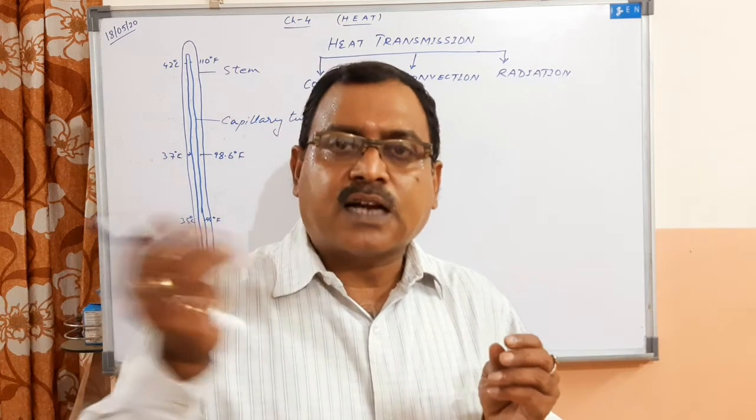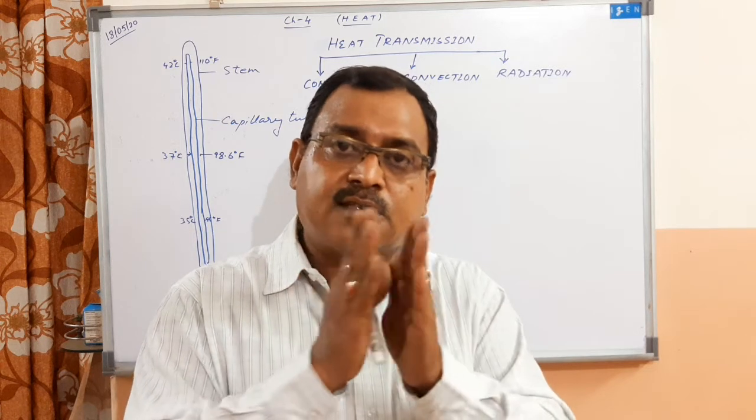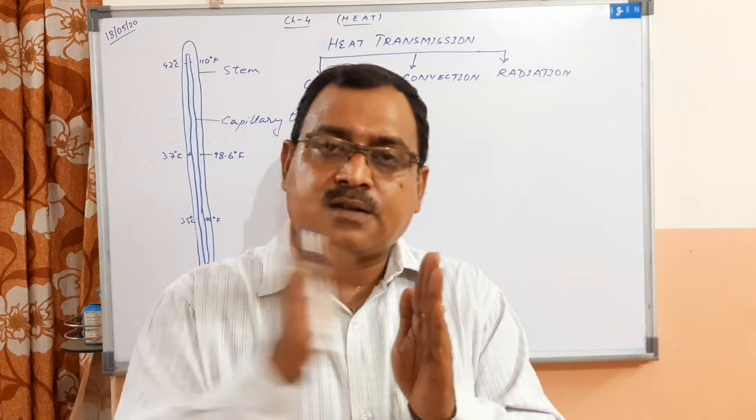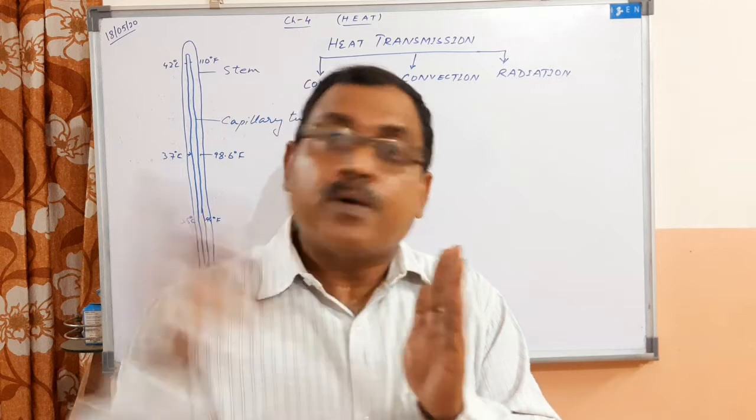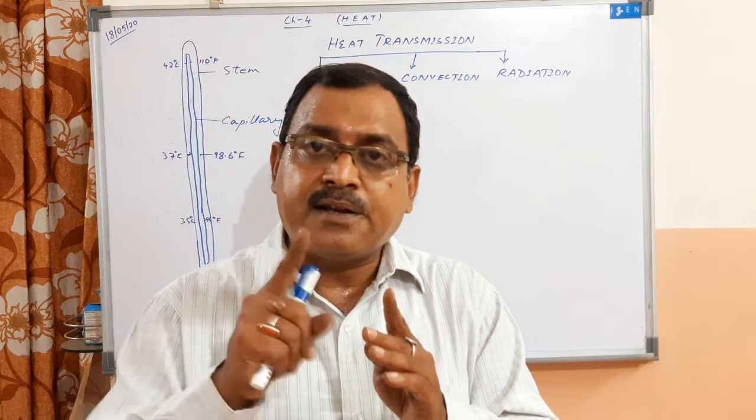Now remember, this molecule just vibrates. Vibrates means it is just moving left and right without moving away from its place. Then the second molecule starts vibrating. As it collides with the third molecule, it transfers the heat to the third molecule.